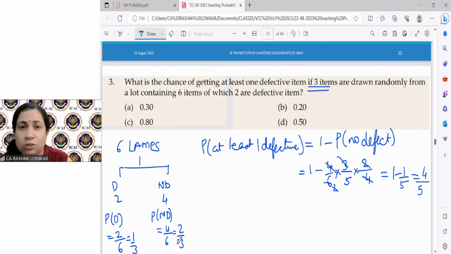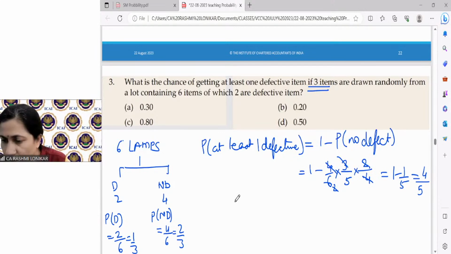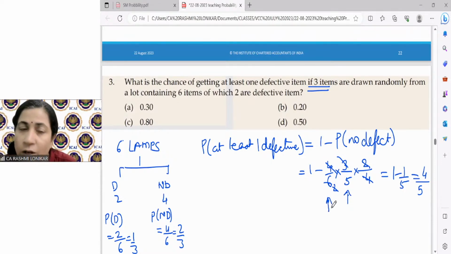Now where did I get this 4 by 6? Because when I choose the first one, there are 6 lamps, 4 of them are perfectly alright. So when I choose one lamp which is good, out of 4, 3 will remain. And the total number of lamps: I had 6 lamps, one is gone, so it will be 3 upon 5. That is the explanation for 3 upon 5. The explanation for 4 upon 6: out of 6, 4 are non-defective.